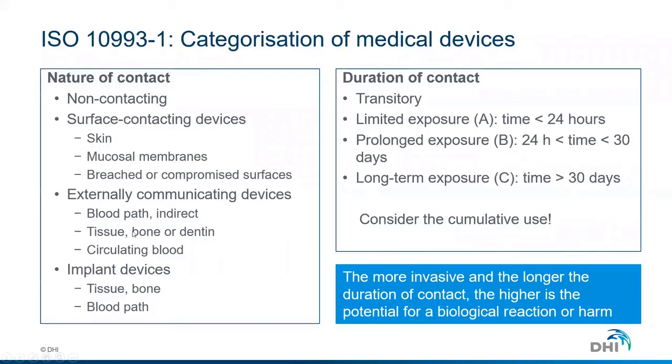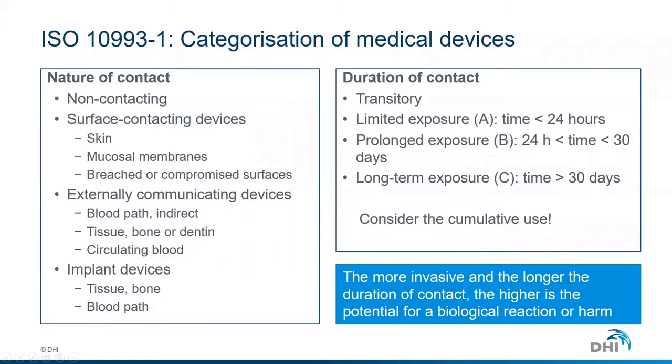They can be communicating with tissue, bone, or dentin, or they can be directly in contact with circulating blood, like a Venflon or a device that directly accesses the circulating blood path. And then you have the implantable devices that are implanted into tissues or bones, or directly into the circulatory system and the blood path.